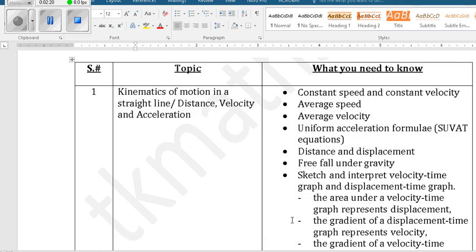If you don't remember anything, note it down for revision. Sketching and interpretation of velocity-time graph, area under the velocity-time graph, gradient of displacement-time graph. You must understand all these concepts. Again, the questions I have selected at the bottom will cover these concepts.